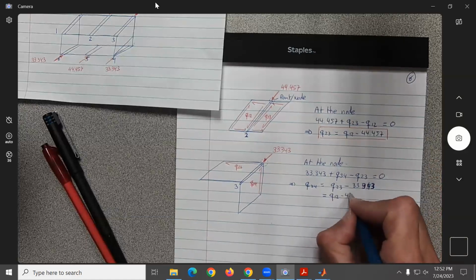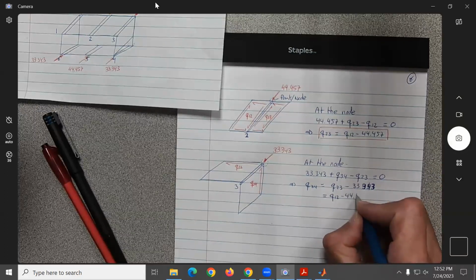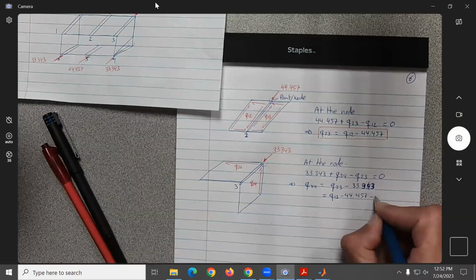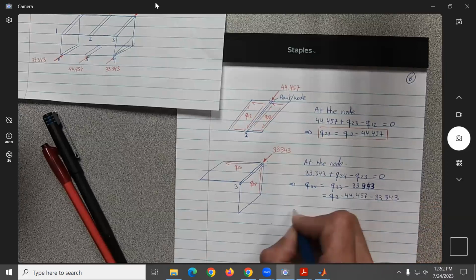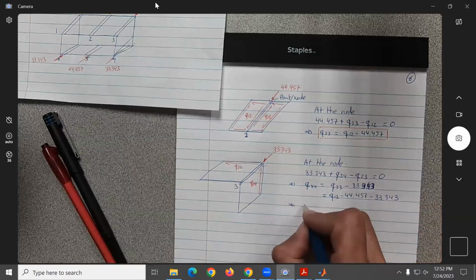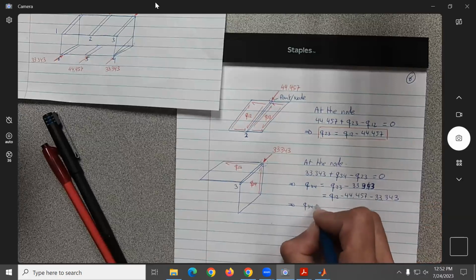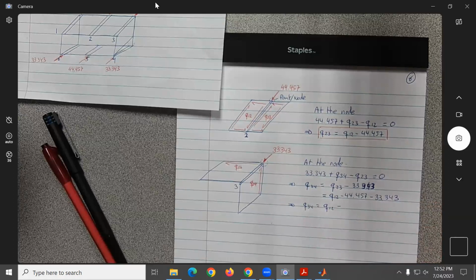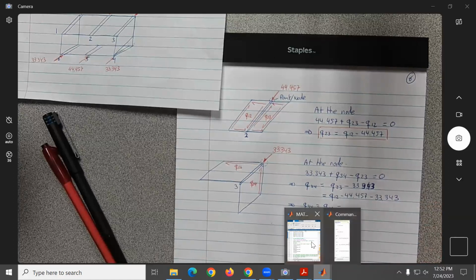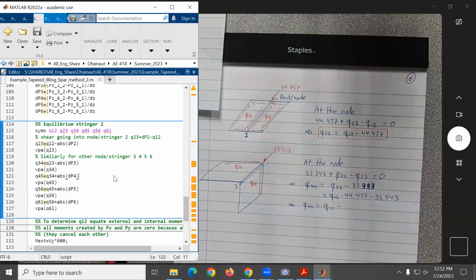Q12 minus 44.457 minus 33.343. So this is going to give you that Q34 is equal to Q12 minus, no idea. Whatever, I mean, we can almost do it. Let's see if the code is doing it.